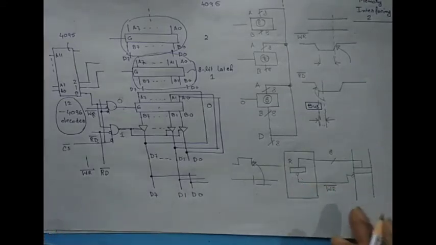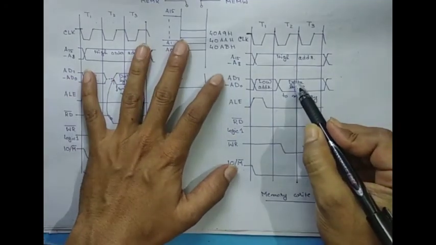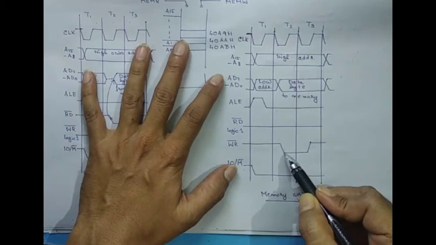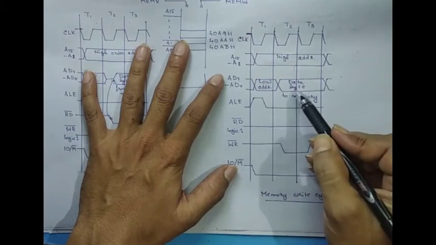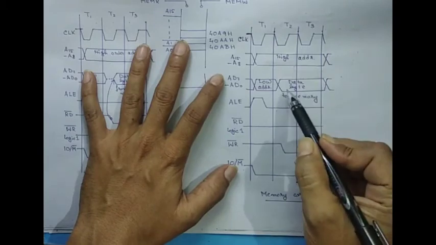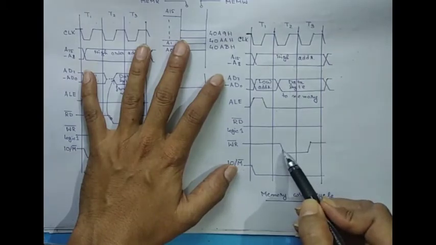We cannot say this, because if we say this, that will mean that data will appear on external data lines only after write bar will go from logic 1 to logic 0. But that is not the case that we see from one such memory cycle. Data will be placed by the CPU on data lines before this moment.